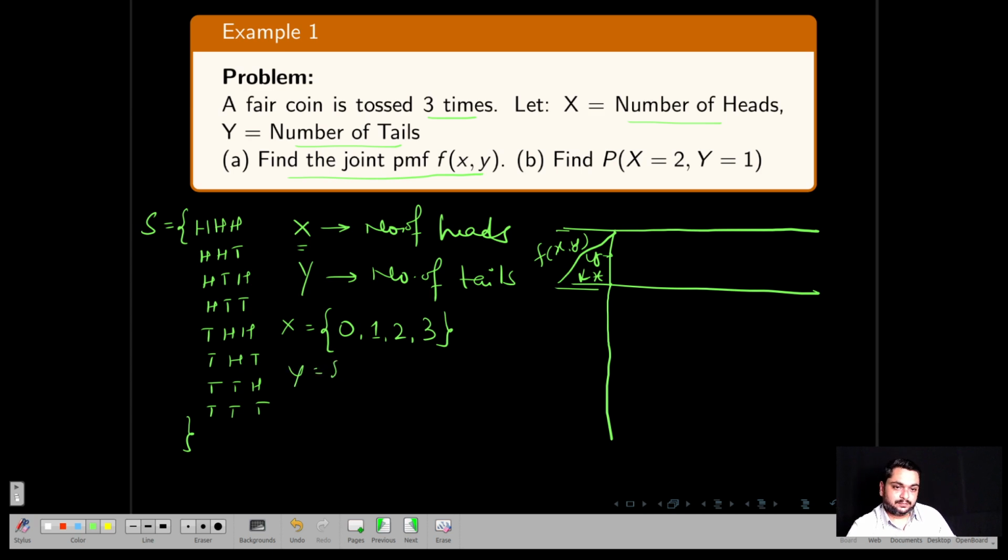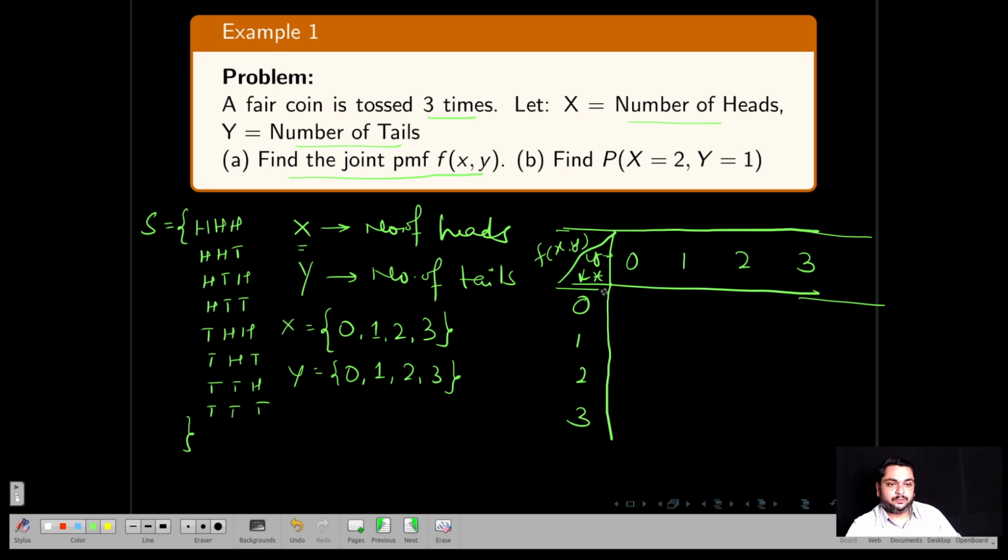Y can take 0 tails, 1 tail, 2 tails, and 3 tails. Because y represents number of tails. Now here you write all x values 0, 1, 2, 3. Here you write all y values 0, 1, 2, 3. Okay.